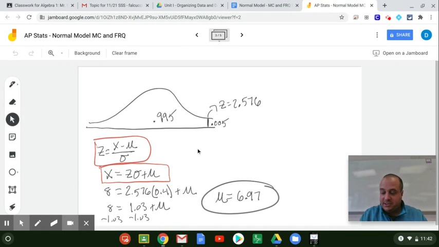Either we're finding a z-score or an x value. So to find an x value, we know that x equals z times the standard deviation plus the mean.